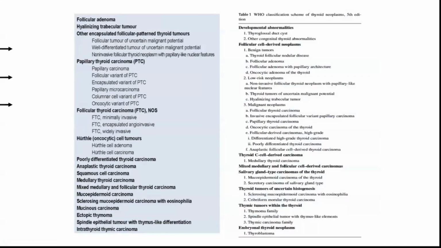What we see in the new classification on your right is that it is based on the cell type, that is cell origin, that is follicular cell, and also based on the behavior, that is benign tumors, low risk neoplasms, and malignant neoplasms. They have added a few things and a few things have been removed. As I go through this lecture, you'll realize what all has been removed and what all has been added.